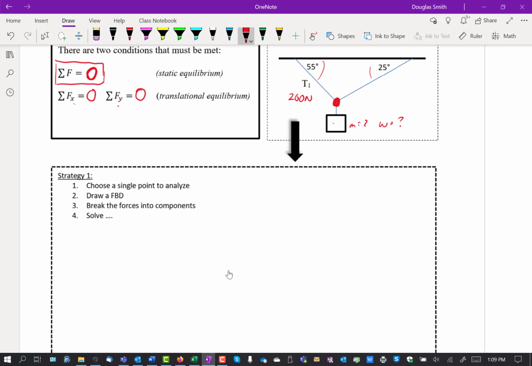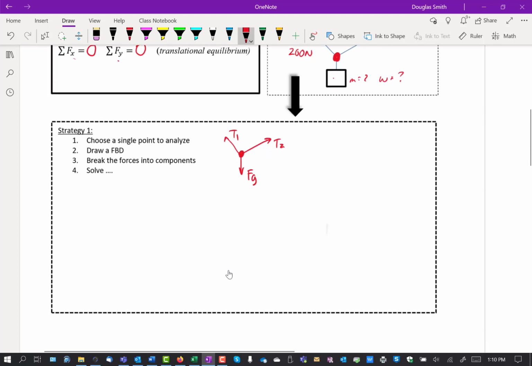I'm going to start by drawing a force diagram of that point. So I have Fg, or weight, I'll call this T2, and I'll call this T1. There's my force diagram, and all those forces acting on that point are balanced.